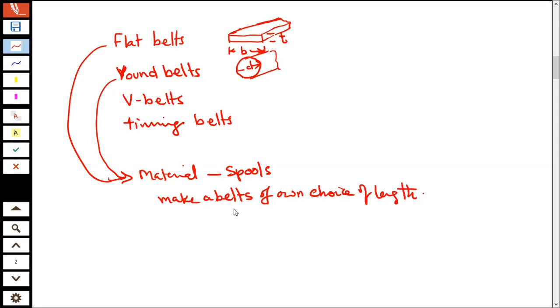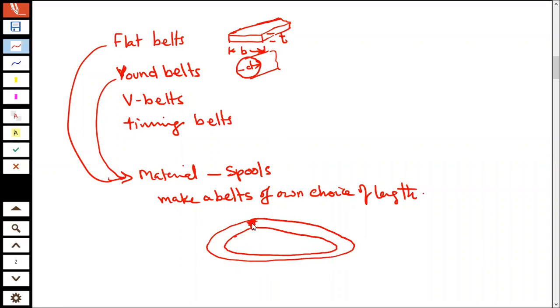So what you would do is take it from the spool and make a loop out of it like this and put a joint in there. You would have seen this joint in flat belts and round belts too.